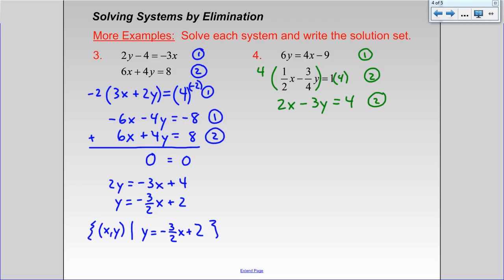Comparing that with equation 1, we note that equation 1 is not in the form ax plus by equals c, so let's rewrite it by subtracting 4x on both sides. To obtain negative 4x plus 6y equals negative 9. Once again, neither pair of variables has opposite coefficients, but we can obtain opposite coefficients by multiplying equation 2 by negative 2 on both sides.